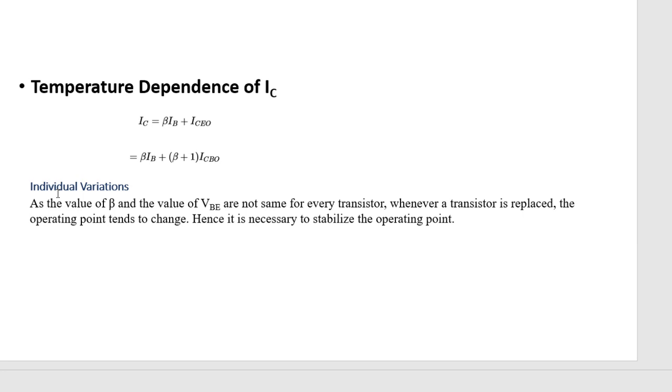So if one of the transistors in our circuit fails and we replace it with the second transistor, we may not obtain the desirable characteristics. This is from one transistor to another. Even if the transistors are of the same kind, the individual parameters might change. So when the transistor in a circuit fails, we cannot simply replace it with another one.